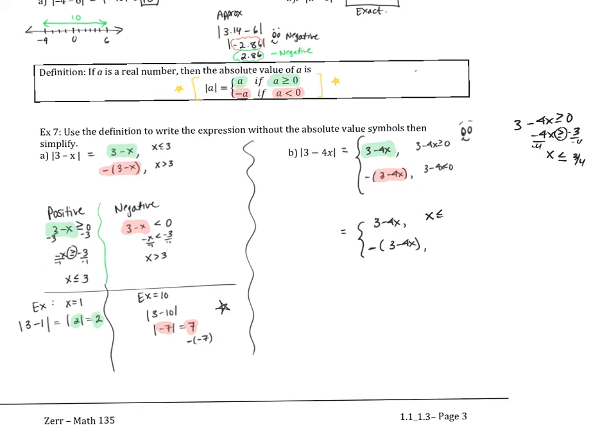So x less than or equal to 3/4 or x greater than 3/4, right? If we had 3 minus 4x is negative, subtracting 3 from both sides and then dividing by a negative would change the direction of that inequality. Okay, so that is the answer we're looking for.